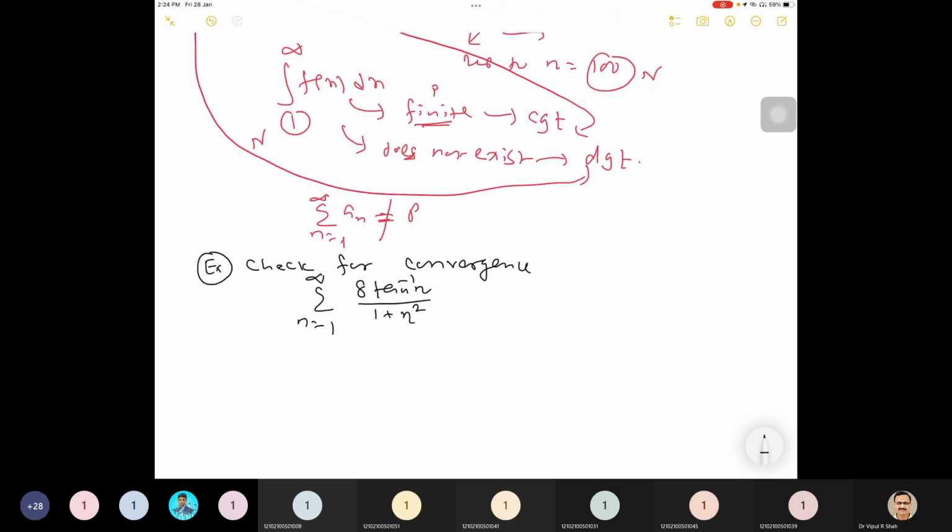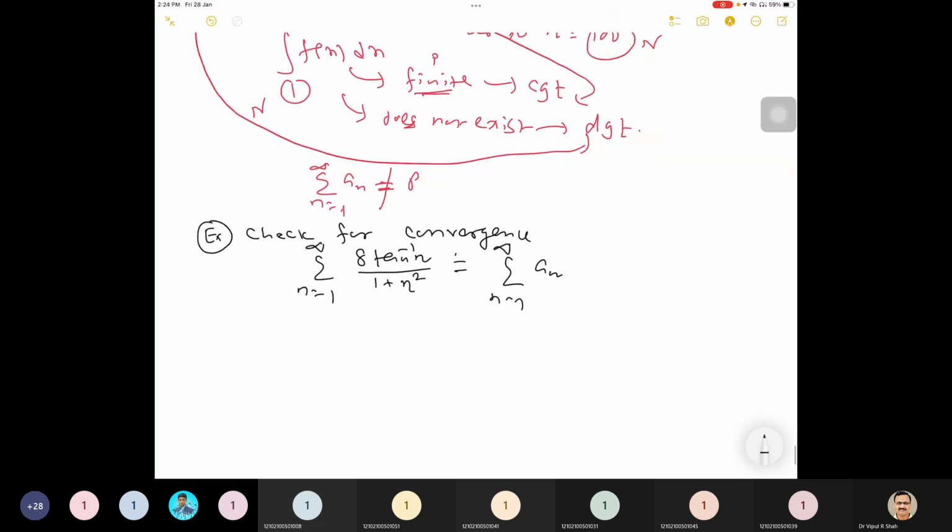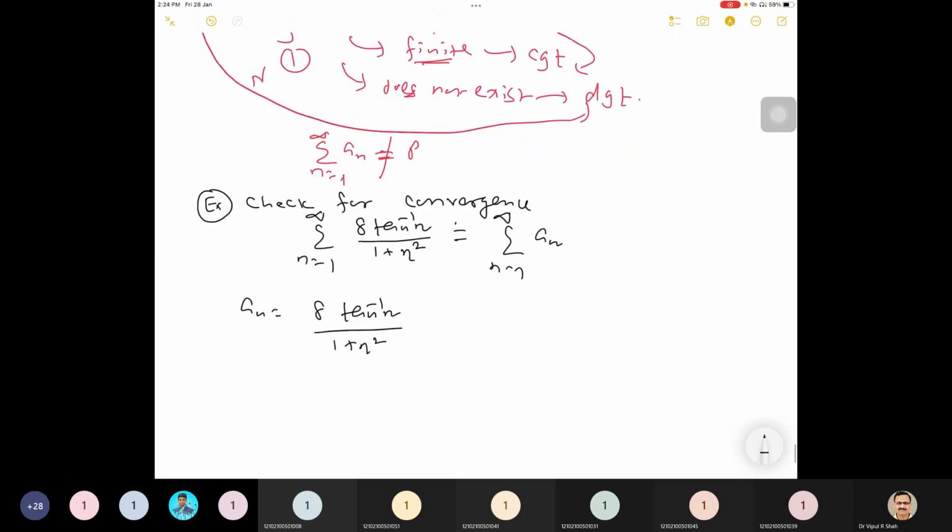Okay, so this is series a_n, where a_n is 8 tan inverse n upon 1 plus n square. So let f(x), the function f(x) made from here, be 8 tan inverse x upon 1 plus x square.